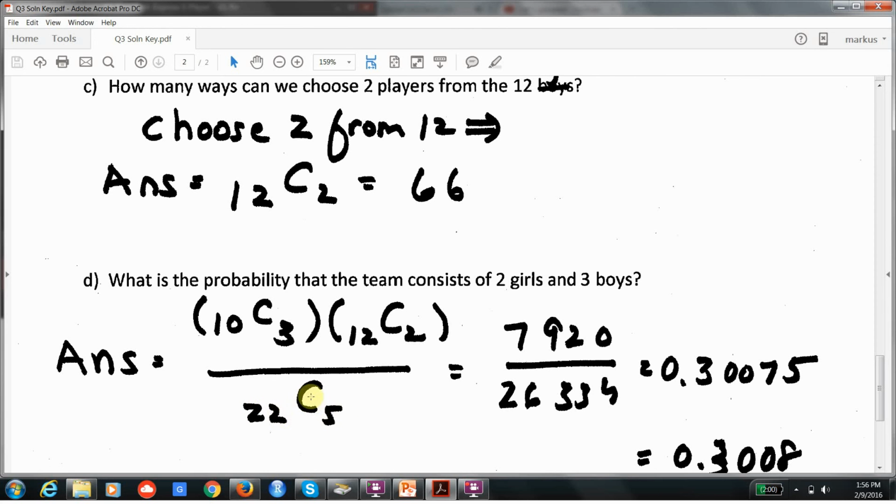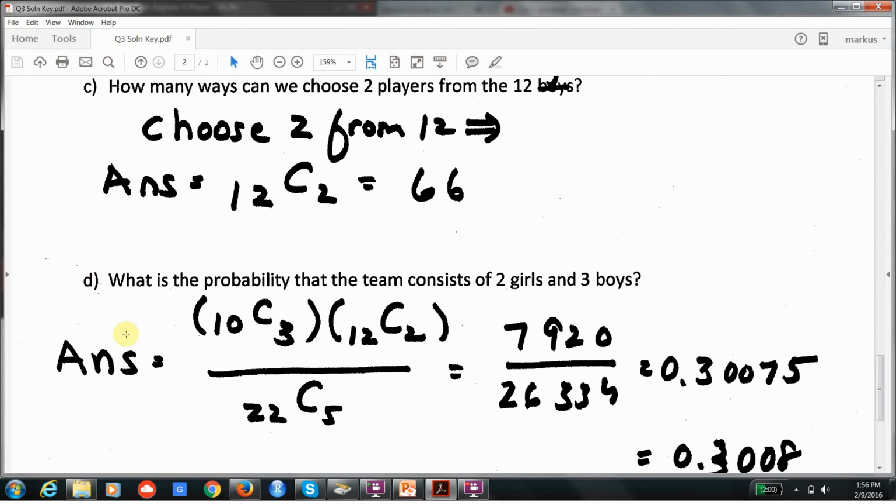So the total number of ways we can choose 5 people from 22 is what we got in Part A. The number of ways we can choose 2 girls and 3 boys for the team is the number of ways we could choose 3 boys from 10 and the number of ways we could choose 2 girls from 12, multiplied. This problem, the numerator, is exactly the same as the candy gum problem.